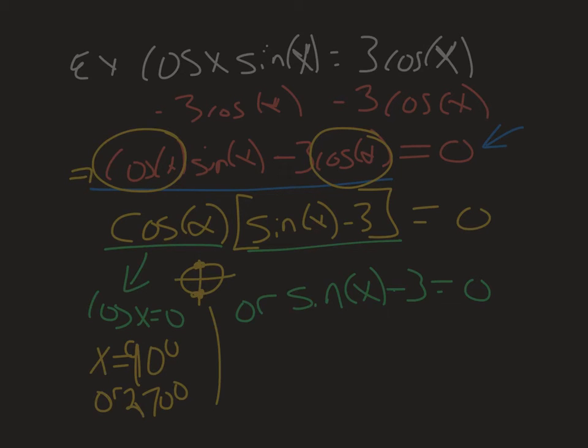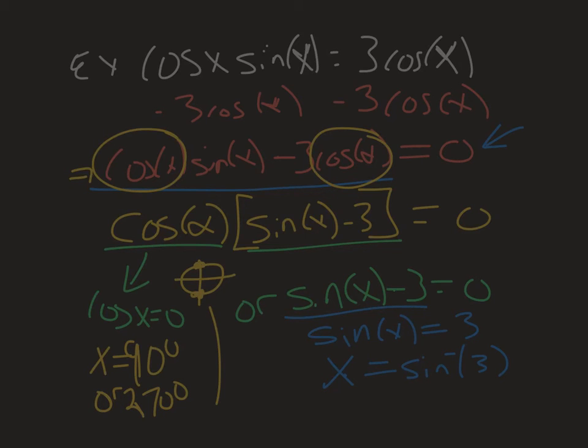Okay, and now I'm going to look at the sine of x minus 3. Well, the first thing we ought to do is add 3 to both sides. So we have sine of x equals 3, and then we have to do the inverse sine. So x would then equal inverse sine of 3.